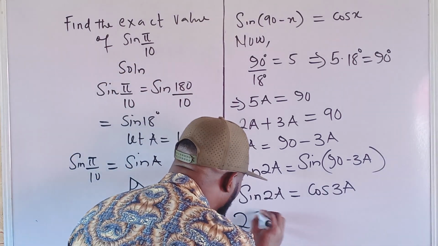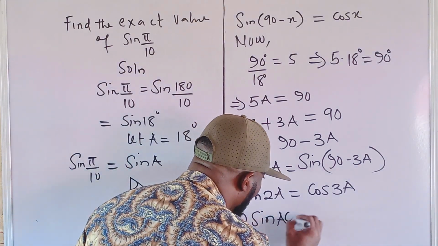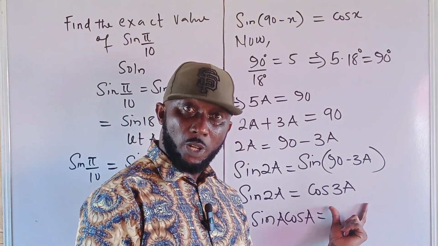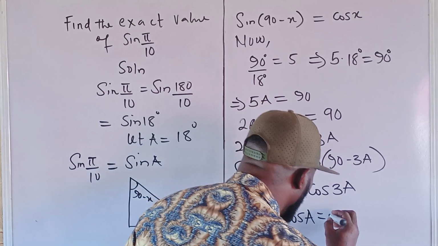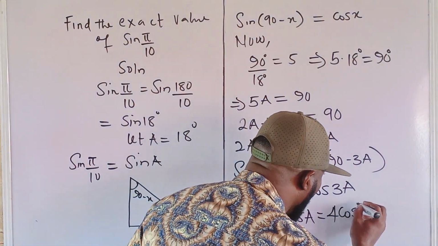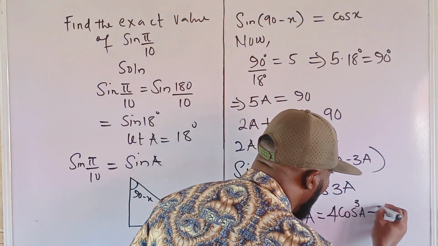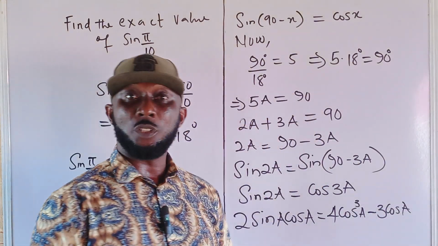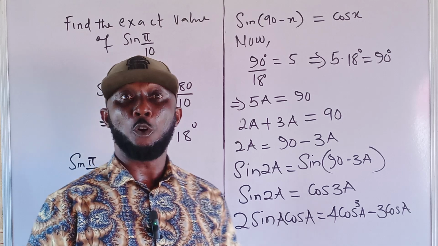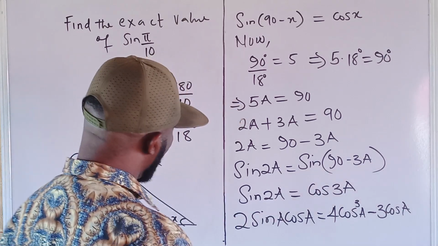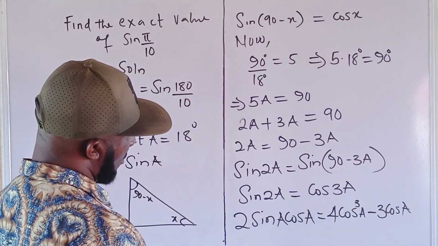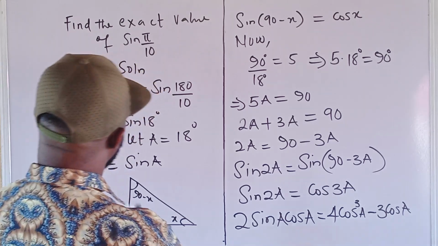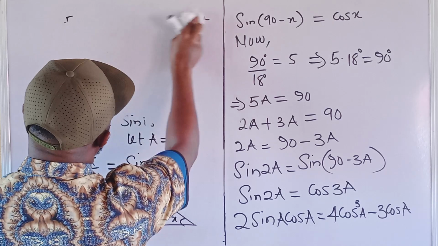So that is actually 2 sine A cosine A. For this triple angle, cosine 3A, that is 4 cosine cube A minus 3 cosine A. So we work on this equation. Our homecoming is sure guaranteed. We are going to take care of the left side of the board and move on.